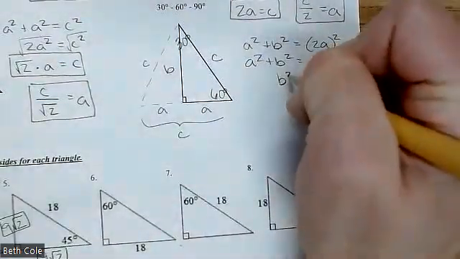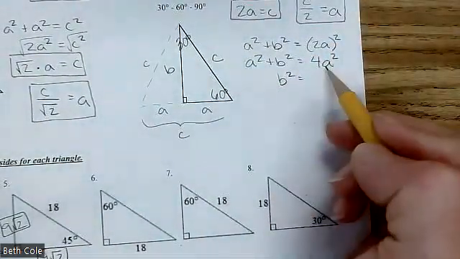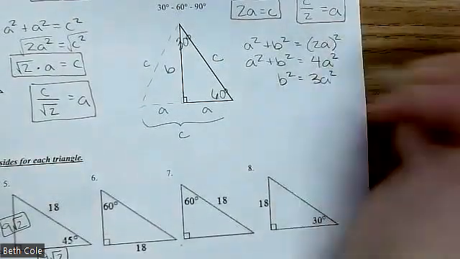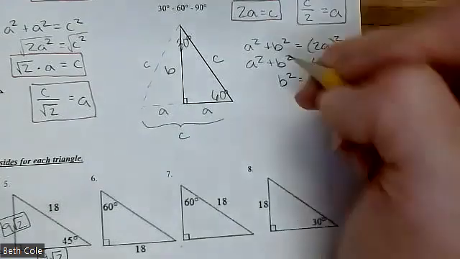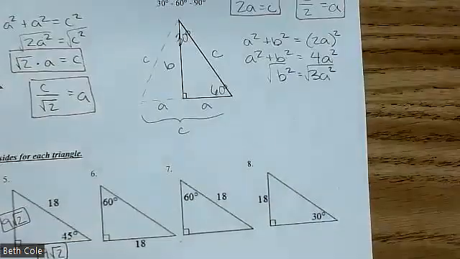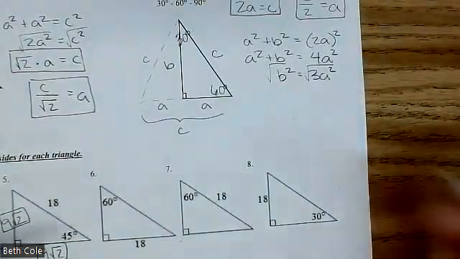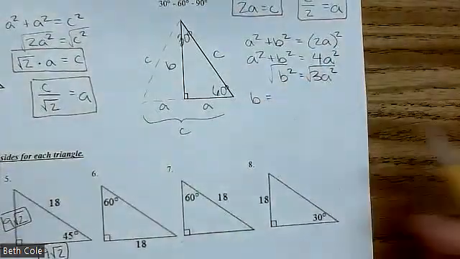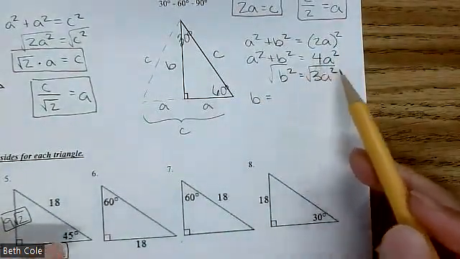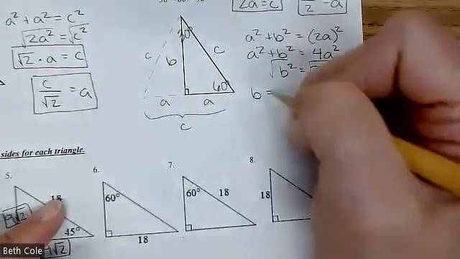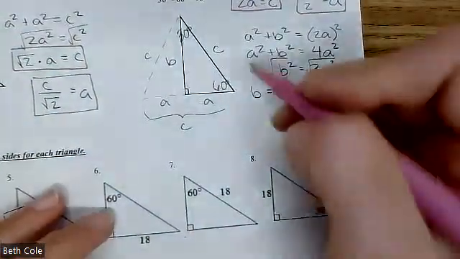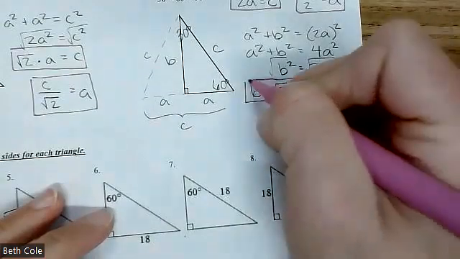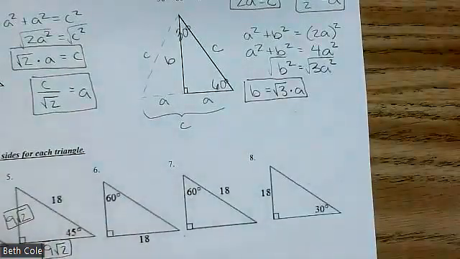So you would get B squared equals 3A squared. 4 minus 1 gives you 3. And then we're going to square root. So you would get B equals, and then what's this going to give you over here? Square root of 3 times A. So if you want to get from the smaller side to the bigger one, you're going to multiply by square root of 3.